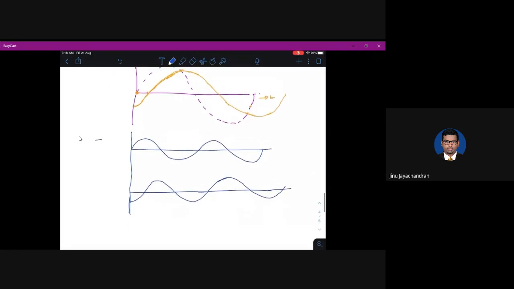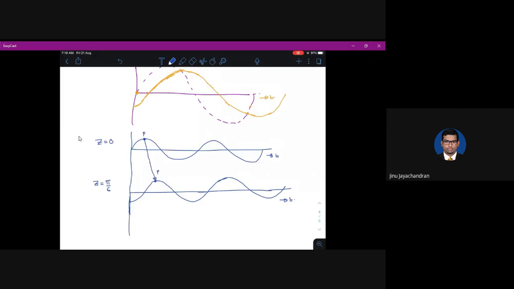So this is for z equal to 0. This is for z equal to pi by 6. This is for all values of t. This is also for all values of t. So if you consider a point P here, the P has shifted from here to here.